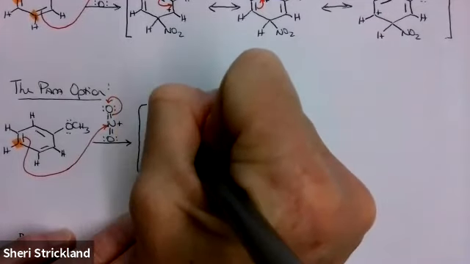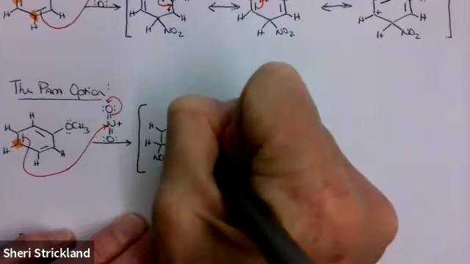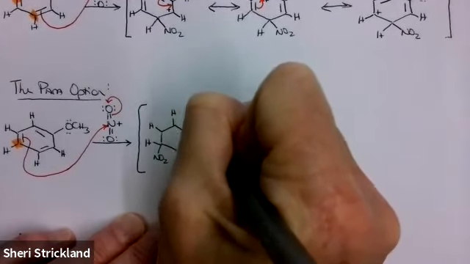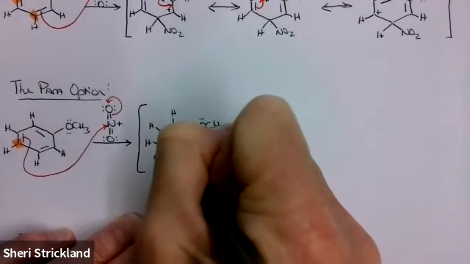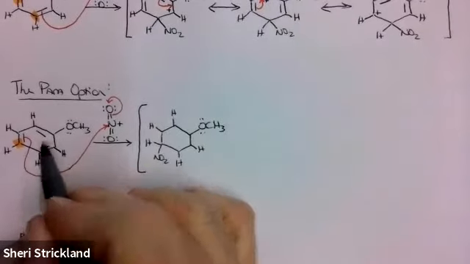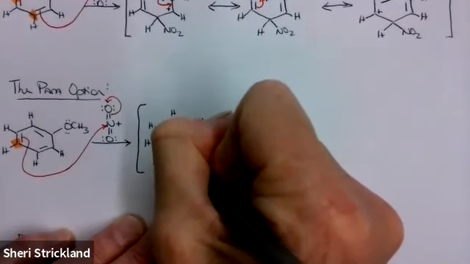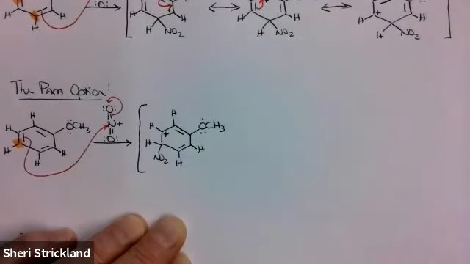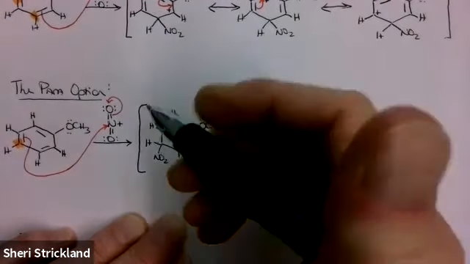Everybody else has the atoms that they started with. Let's see where the electrons went. That bond and that bond are still where we left them. This is the one that has the incomplete octet. All right, so we can move the electrons.